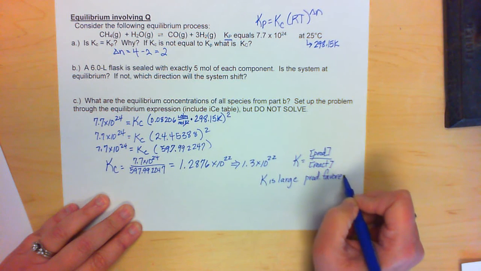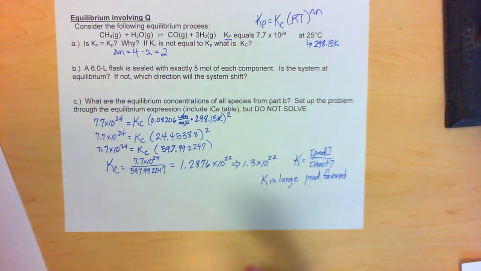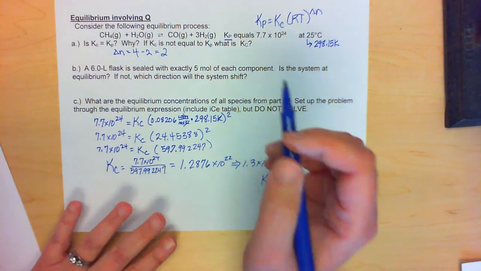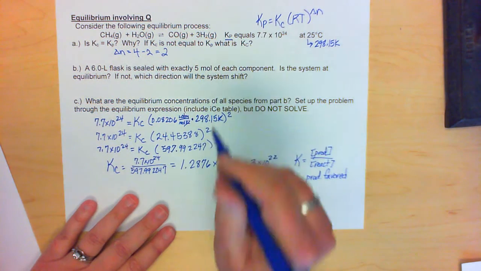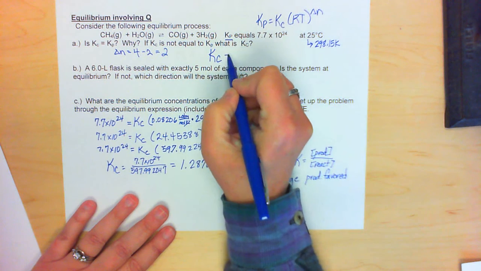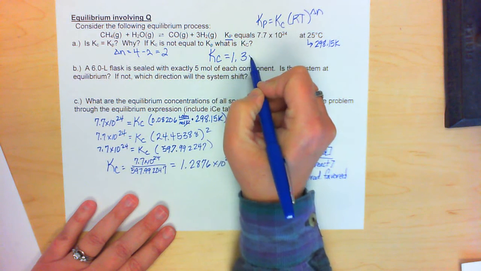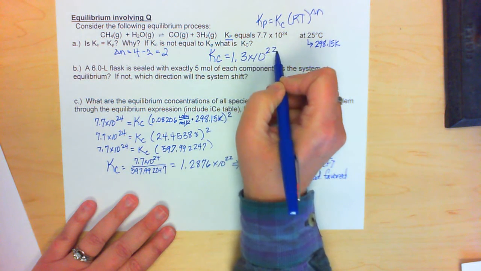If it had been really small, it would be reactant favored. So we've got our Kc value, so we're done with A. Just out of sheer meanness, I'm going to rewrite Kc up here so that I can always reference it. It's 1.3 times 10 to the 22nd.